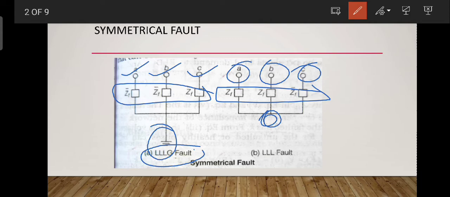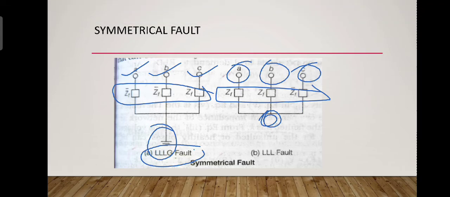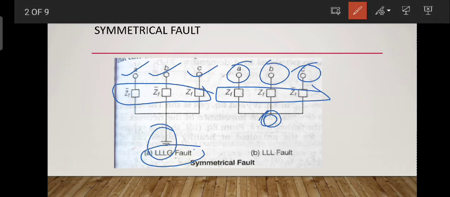So the LLL fault and the line to line to line to ground fault are basically our symmetrical or balanced faults. It is not an unsymmetrical fault. The behavior of the triple LG and triple L faults is identical due to the balanced nature of the fault.